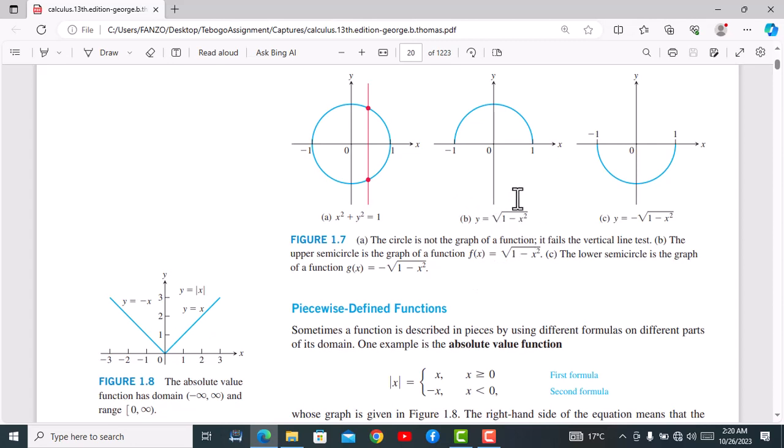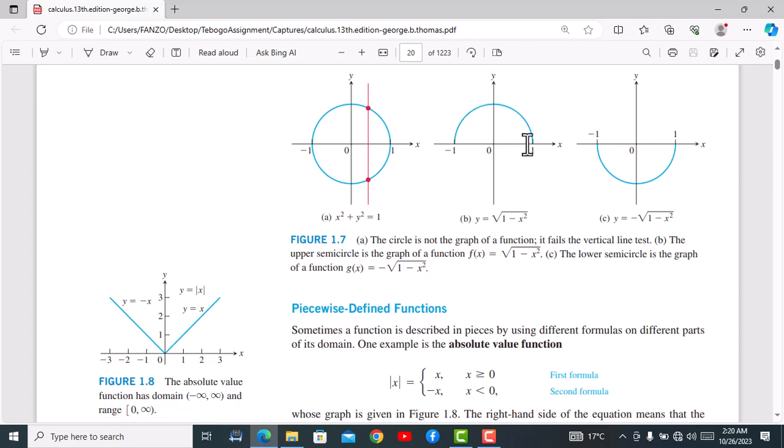So here we have a positive, that is the upper semicircle that you see there, where these are the values of the x-intercepts. Whenever you say 1 minus x squared should be greater or equal to 0, you'll find x equals 1 and x equals minus 1, and the y-intercept will be a value there.